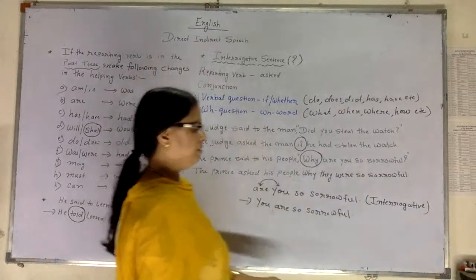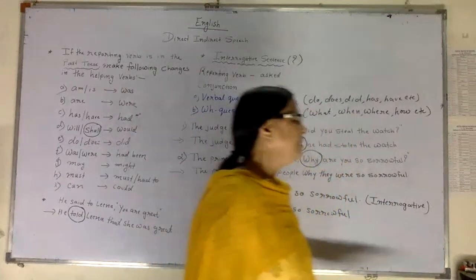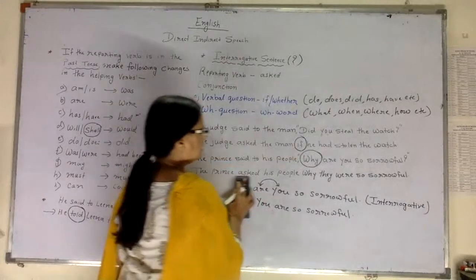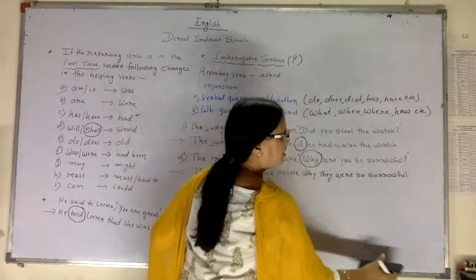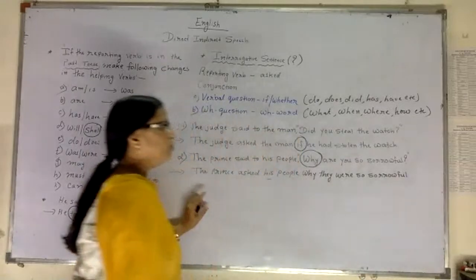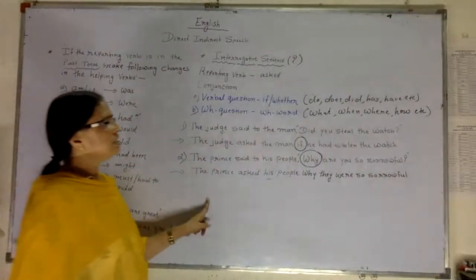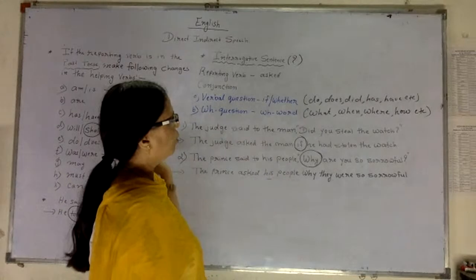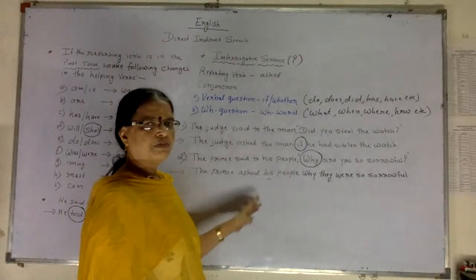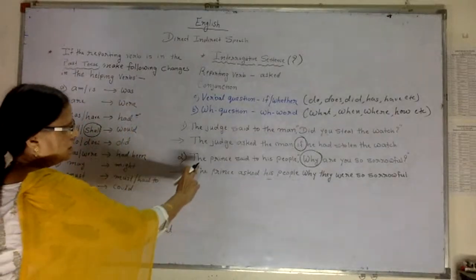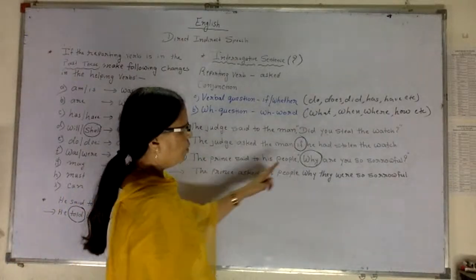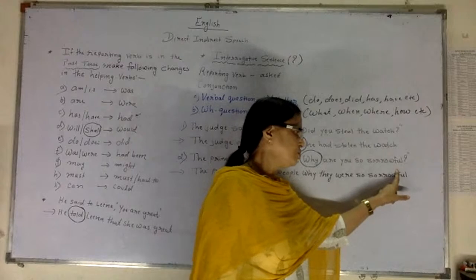So just keep in mind, always remember, whichever type of sentence you get for changing into indirect speech, first change it into assertive and then change assertive into indirect. Apply all the rules of the indirect speech and change it into indirect speech. So see, the prince said to his people, why are you so sorrowful?